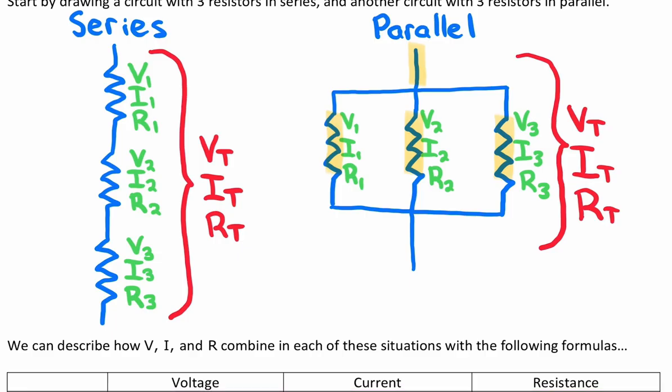Depending on what exactly those resistances are, that will dictate how many do each run. But the key thing here is the number of skiers on each run, if I add them all together, has to give me 10, because that's what I started with. And that's also what I'm going to end with. So the total current at the beginning and the end is equal to the sum of the currents on the individual resistors.